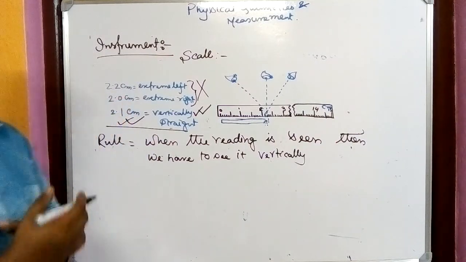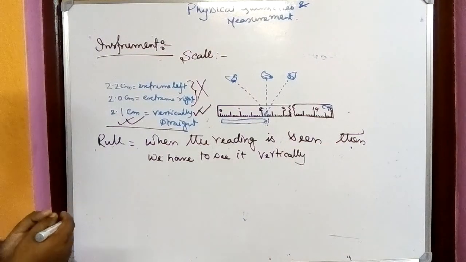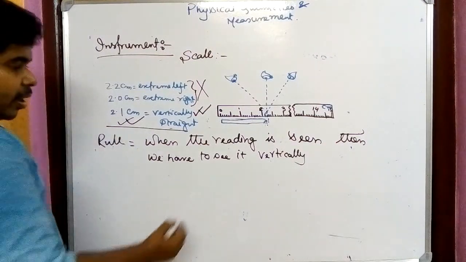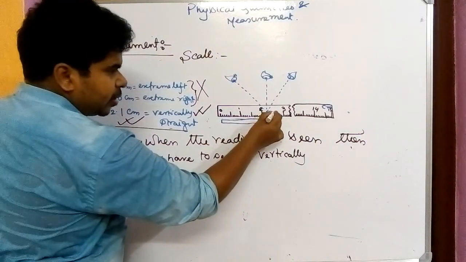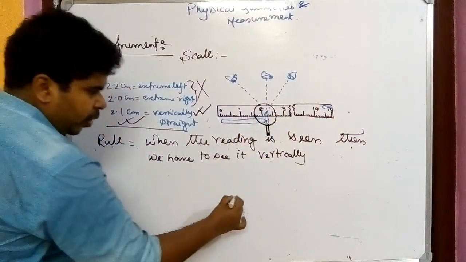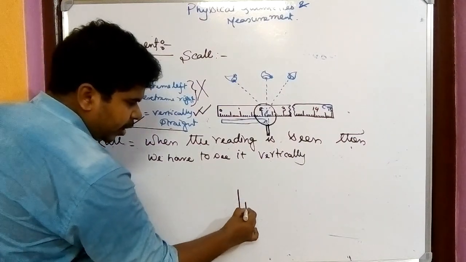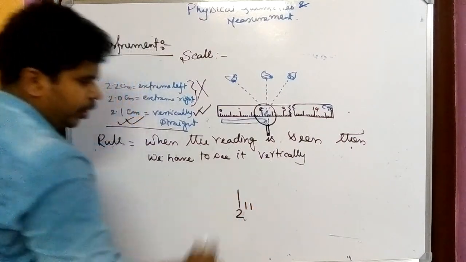Why does this happen? Now it is a question. See, if I am just giving a magnifying glass here, what is that? It is first division 2, then 2.1 and 2.2.